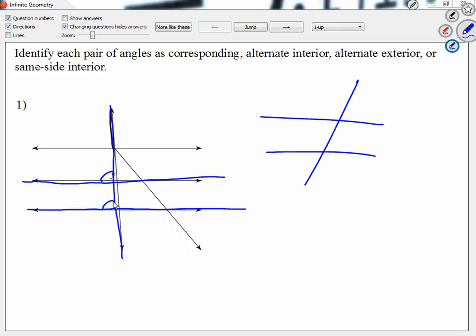The other line on the very top and the diagonal ray, I'm going to ignore, because they have nothing to do with angle X and Y. So now that I have angle X and Y, what type of example is this? Corresponding. So we're going to call this corresponding.